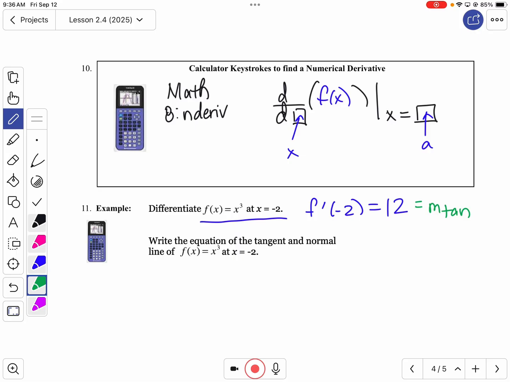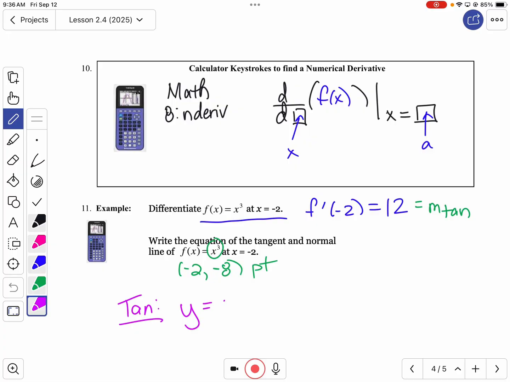To write the equation of a tangent line, I need a slope, and what else do I need? I need a point. Well, they gave me -2 for x. How could I get the y value? Plug it into f. So -2 cubed would be -8. So there's my point.